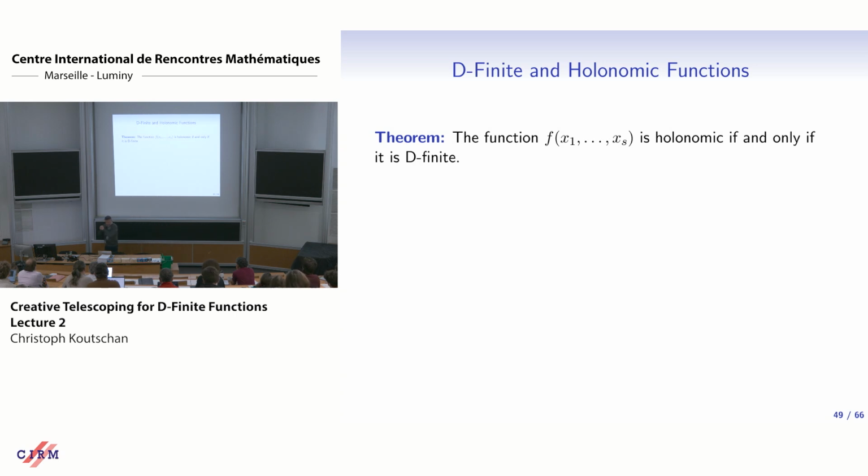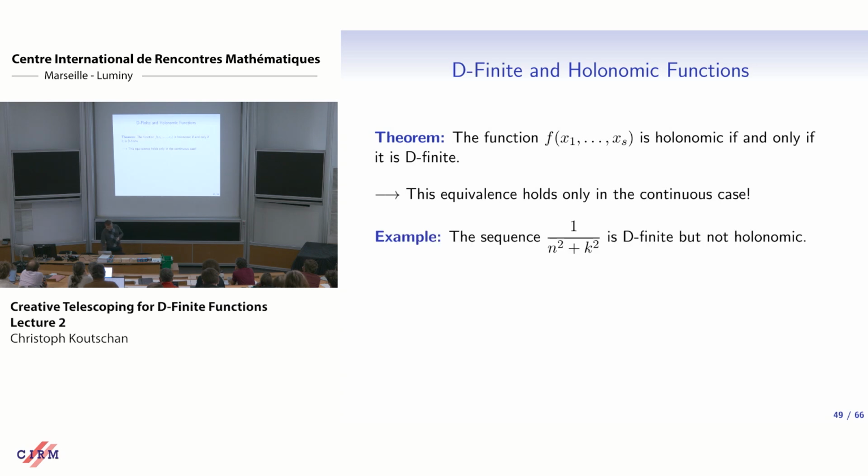Well, one good news is that as long as you stay in the differential case, there's really no difference. Whether you are univariate or multivariate, D-finite and holonomic is really the same. But in the shift case, this is unfortunately not the case. And here's the famous example.